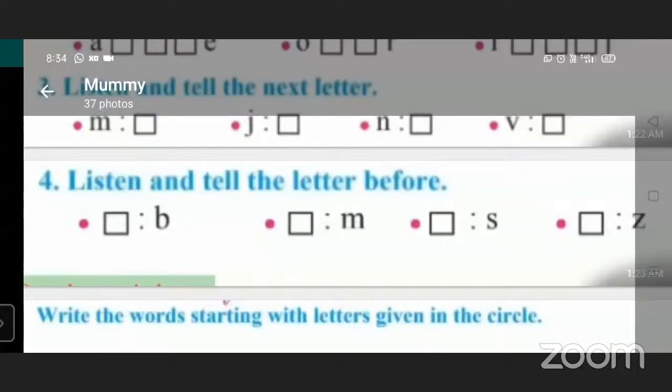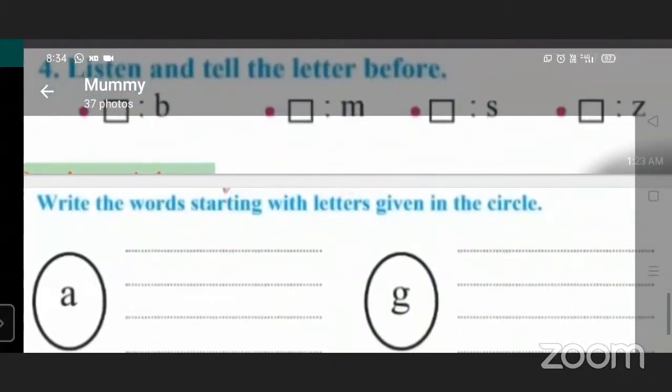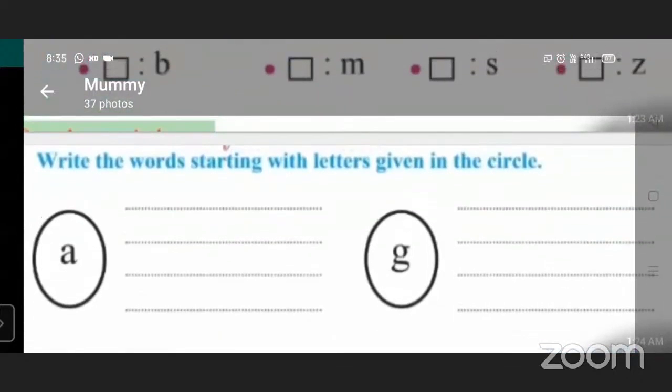Very good, students. Now we see the next question. Write the words starting with letters given in a circle. So you students tell me this is A. Okay. So you tell me the words start from A. A for apple.